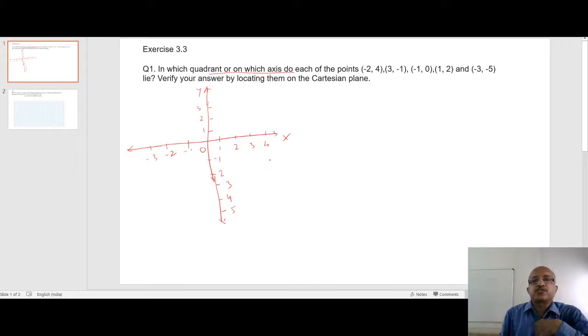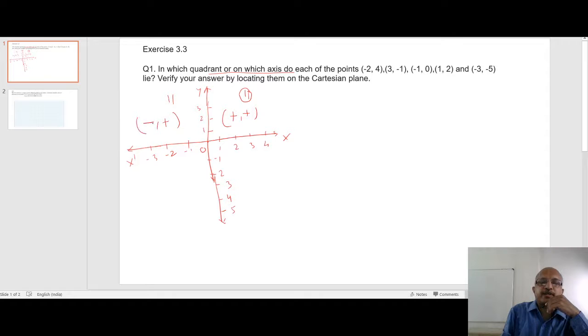Okay, so we have to see in which quadrant the point will come. We know that, see here, OX and OY, here both are positive. So in the first quadrant, the X coordinate as well as the Y coordinate is positive. This is the second quadrant: on OX dash it contains a negative value and on OY it contains positive.